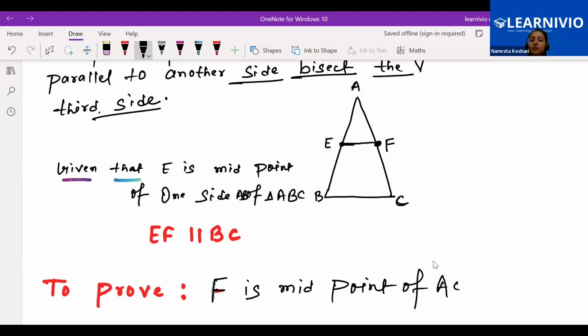What to do over here? Ma'am, can we use the converse of the midpoint theorem over here? We can use the basic proportionality theorem over here because that we have proved also. Midpoint theorem: do you know how to prove the midpoint theorem from the previous class?